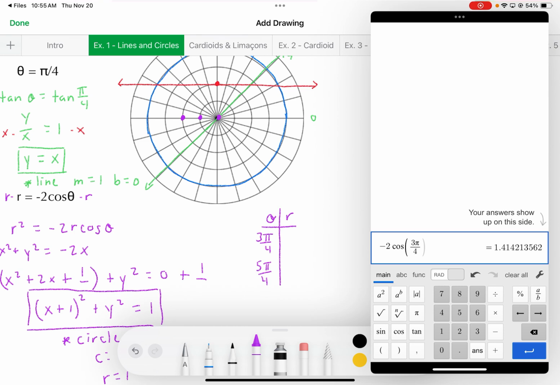Because cosine of 3 pi over 4 would be negative radical 2 over 2. Multiply it by the -2, you get positive radical 2, which is approximately 1.41. Okay, change it to 5 pi over 4. See how you get the same thing?